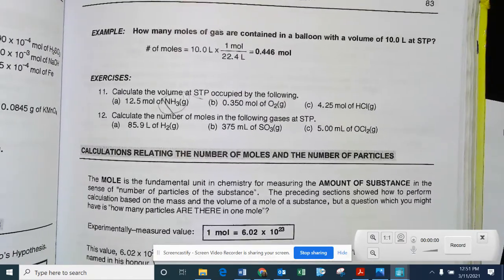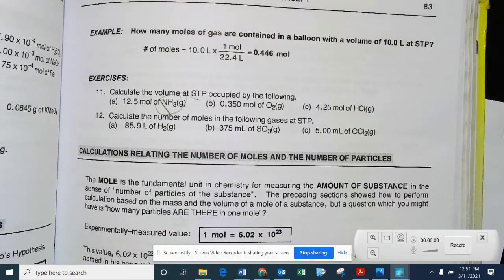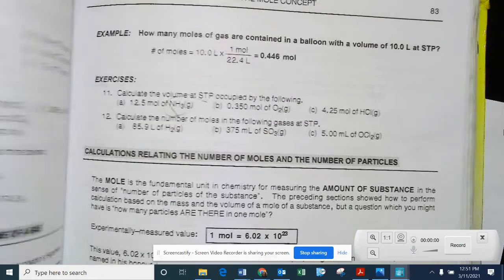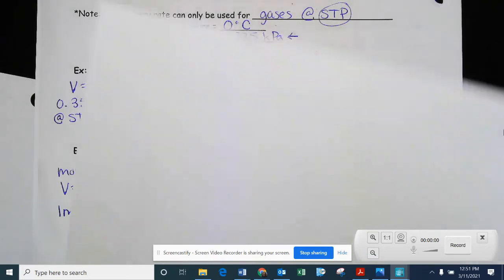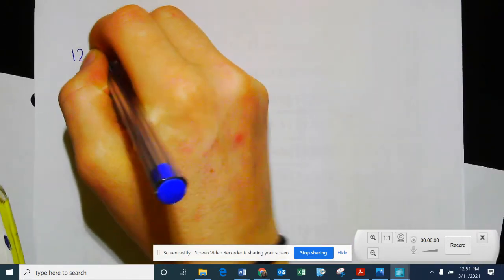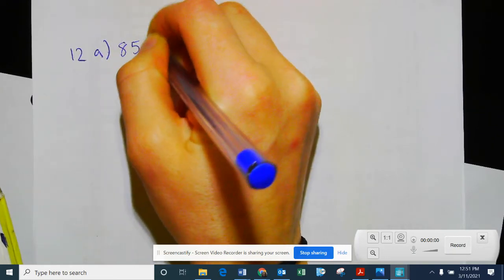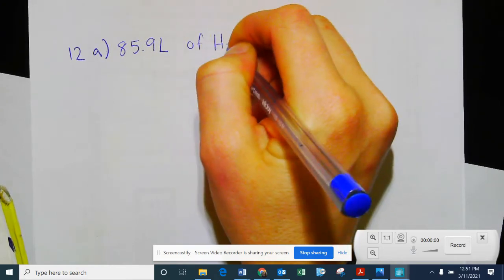Okay, so page 83, question number 12, is calculating the number of moles of gases at standard temperature and pressure. And I asked you all to do all of them. Perfect. Okay, so in A, we have got 85.9 liters of H2, hydrogen gas.